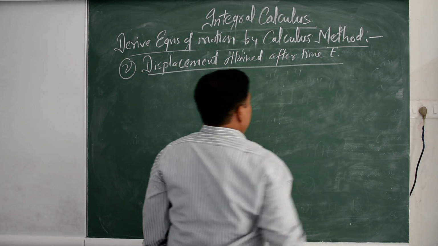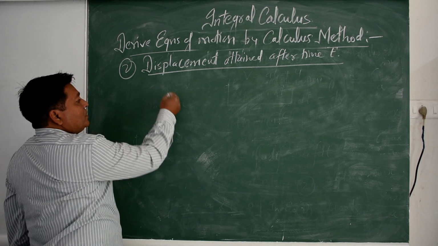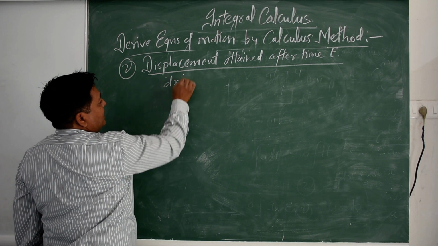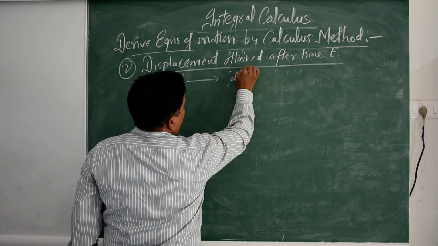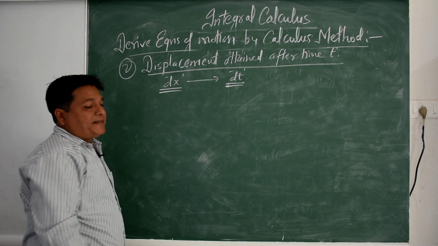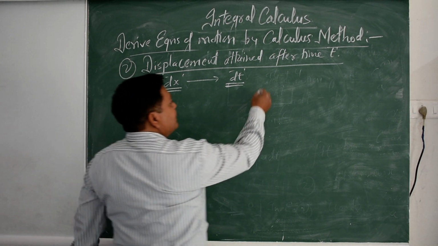Suppose the particle is in motion in a straight line, and a small change in the position of the particle is dx after the time interval dt. In that case, what will be the velocity of the particle?